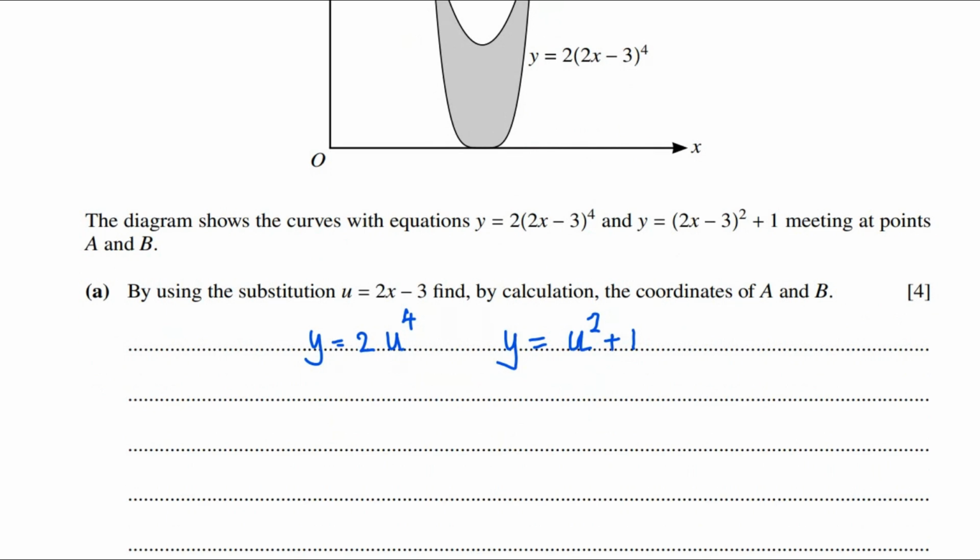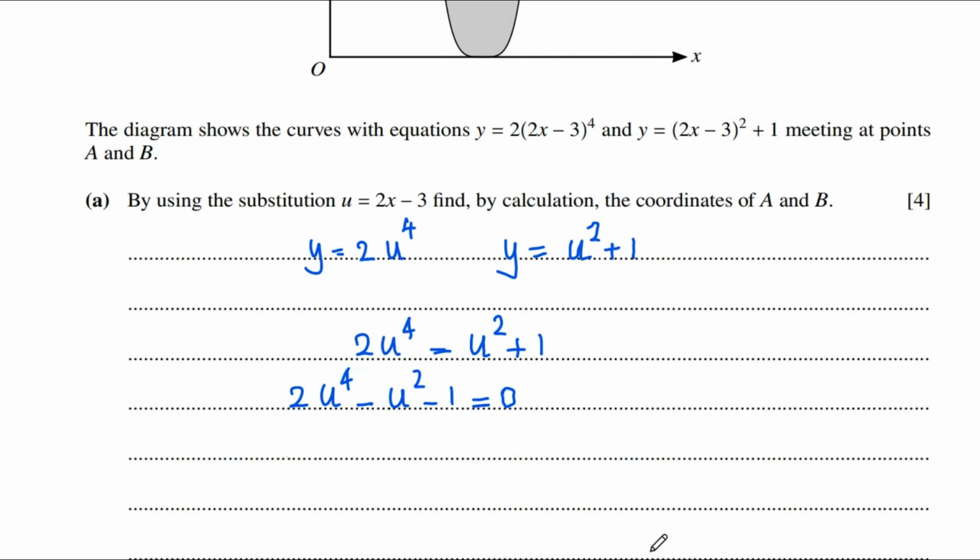Now let's equate both the y values. So we get 2u to the power 4 equals u squared plus 1. Now bring all the terms to one side. So we get 2u to the power 4 minus u squared minus 1 equals 0.